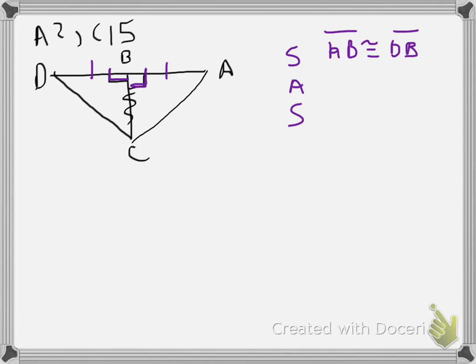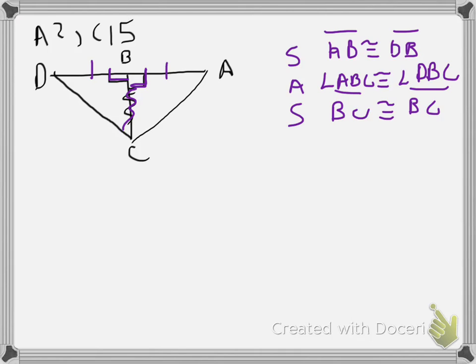We've got the right angle there, angle ABC is congruent to angle DBC. So there's your A. And then the shared side, BC is the same as itself. So yes, this is enough information.